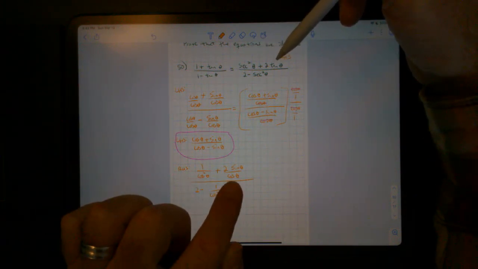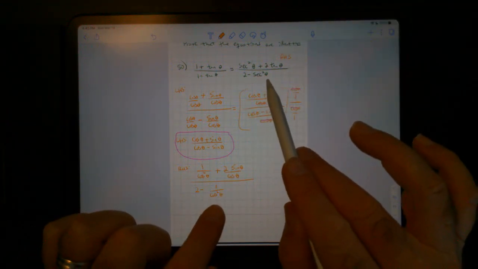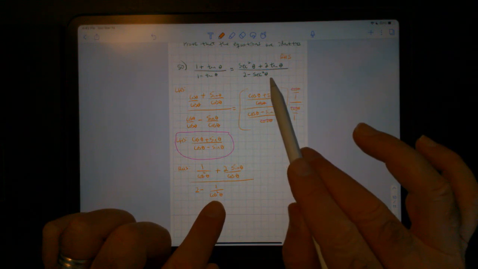Well, tangent theta is sine over cosine. The denominator, we have 2 minus, and secant squared is 1 over cosine squared.